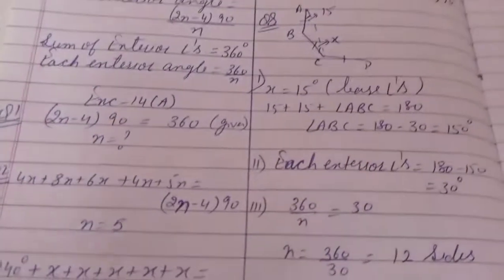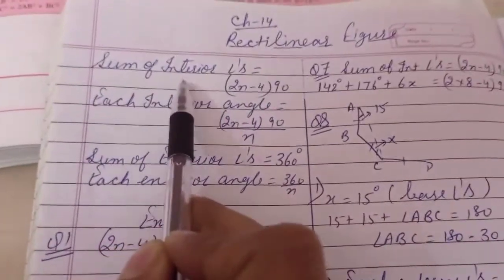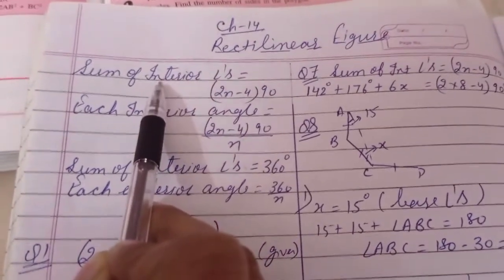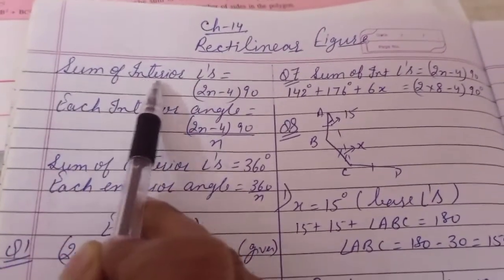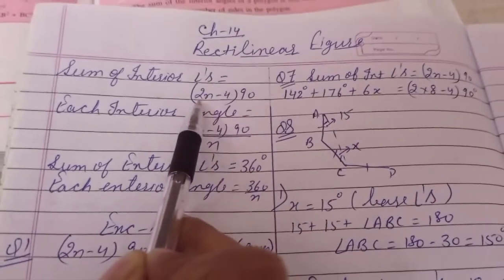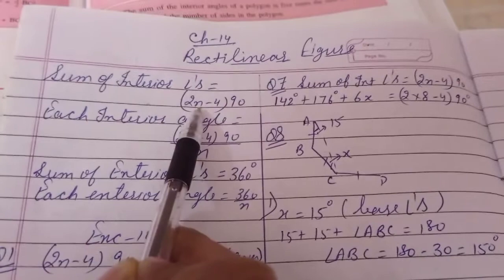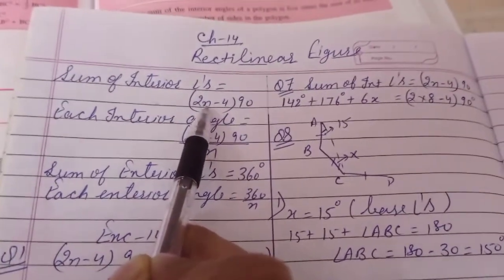So, children, first of all, these formulas. You are familiar with them, you have already done them. The sum of interior angles of a polygon is equal to (2n minus 4) into 90, where n stands for the number of sides of the polygon.